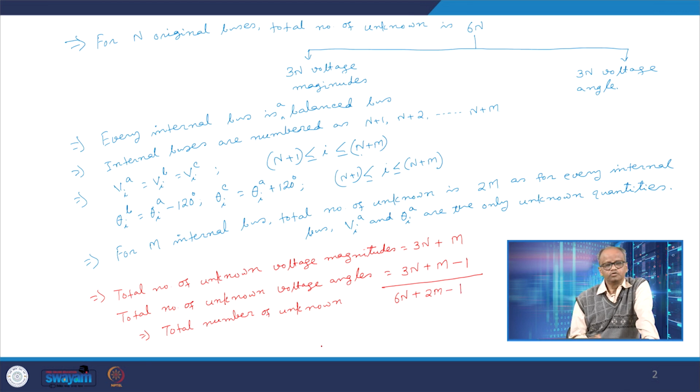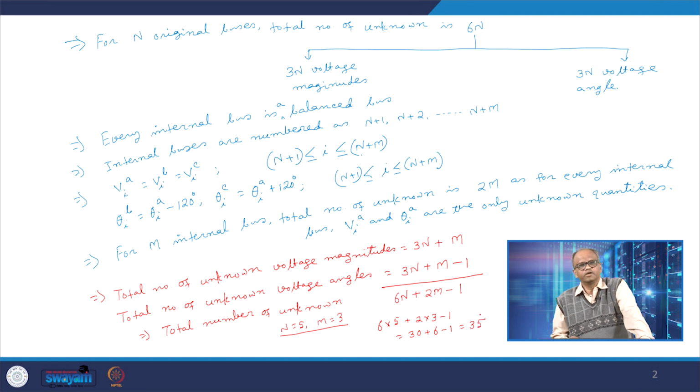So, in our case, for n equal to 5 and m equal to 3, my total number of unknowns is 6 into 5 plus 2 into 3 minus 1, that is 30 plus 6 minus 1, 35. So, for a simple 5 bus system, the number of unknowns is 35.